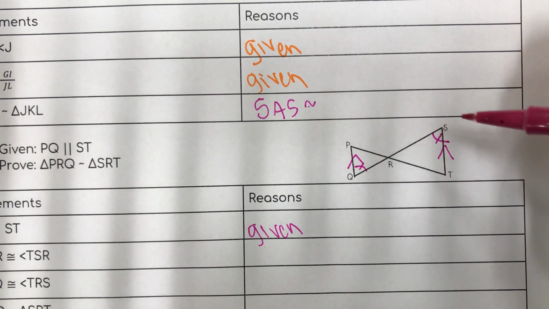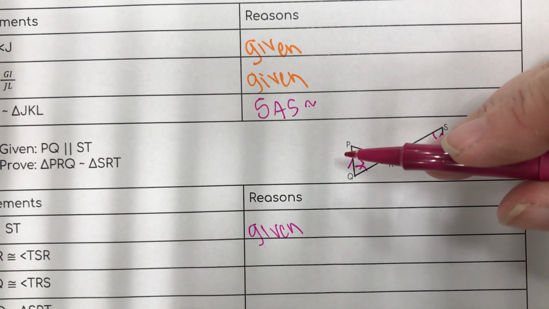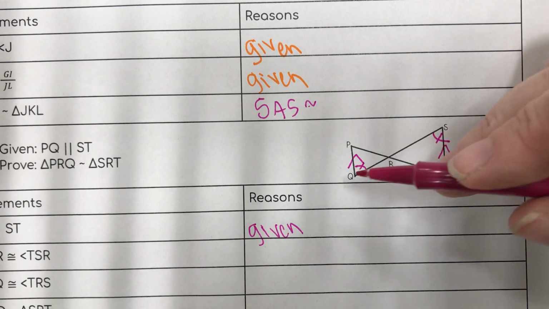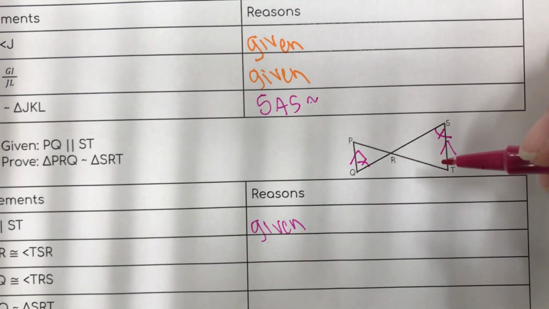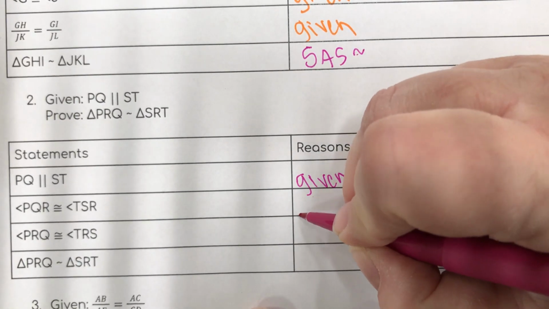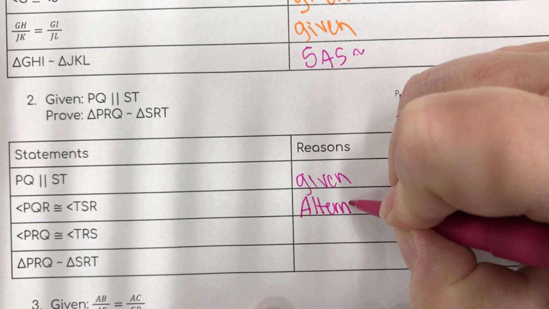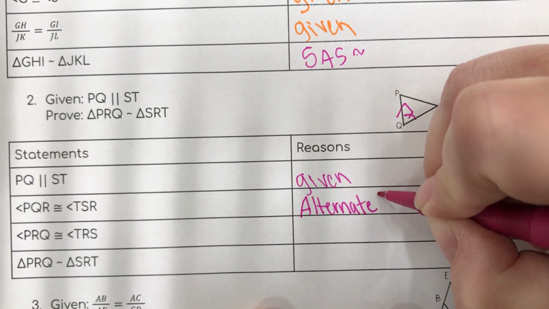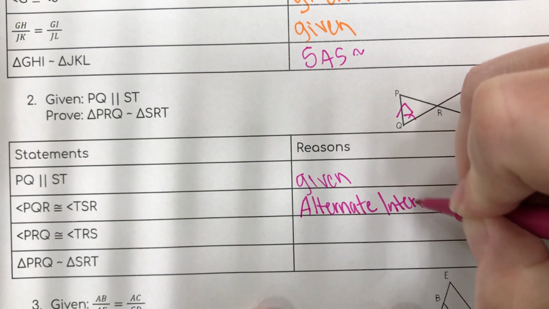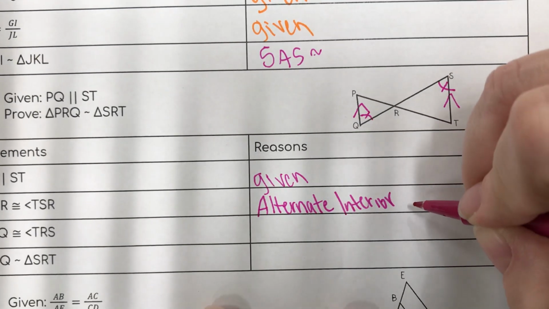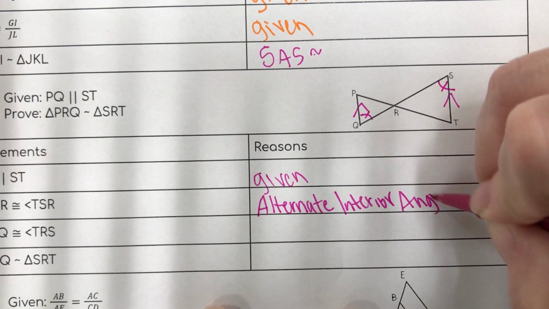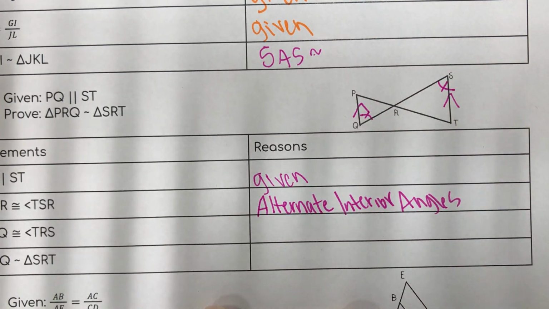Now remember, because we have parallel lines, we create what are called alternate interior angles. Okay, so these are alternate interior angles there.